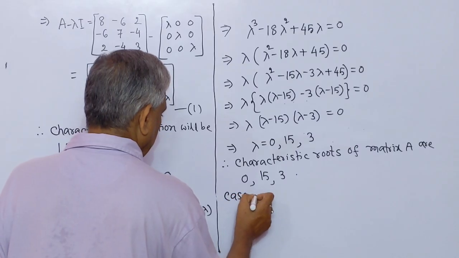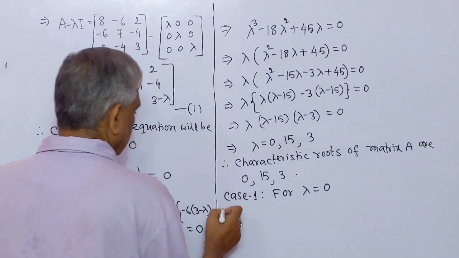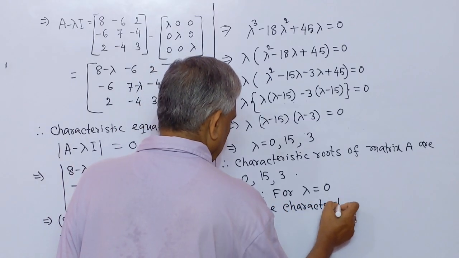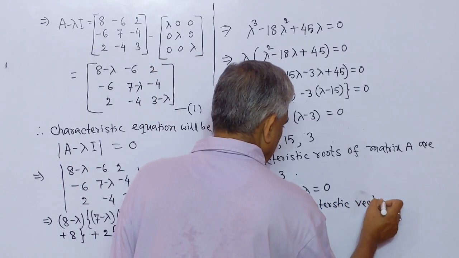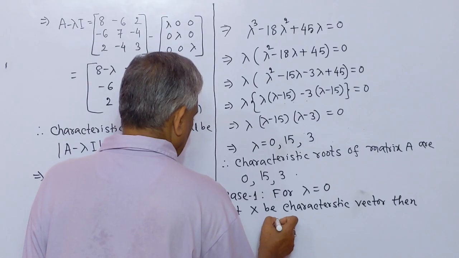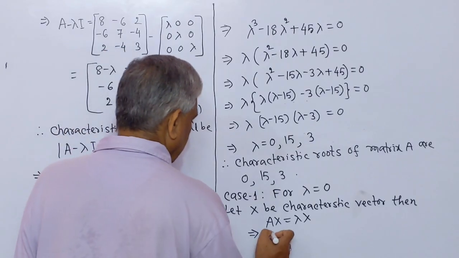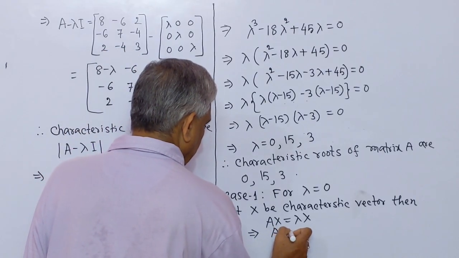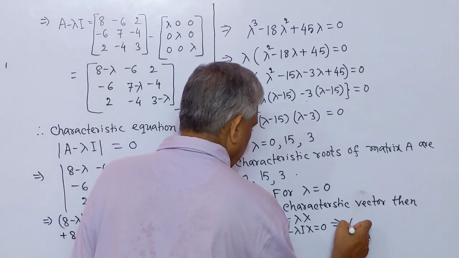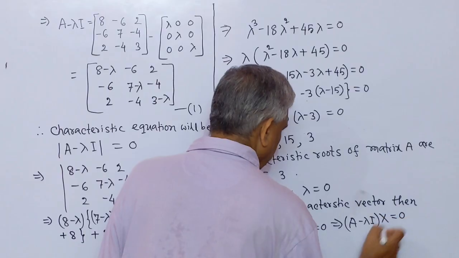Case 1. For lambda equal to 0, let x be the characteristic vector, then Ax equal to lambda x, which implies Ax minus lambda Ix equal to 0, which implies A minus lambda I matrix x equal to 0.